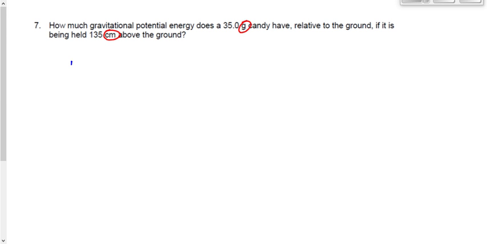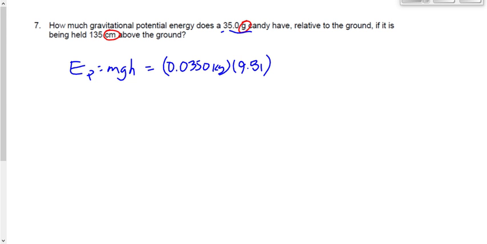I'm going to say EP is equal to mgh. There's no delta here, it's just straight EP. The mass here, got to convert that to kilograms. I'm going to say 0.0350 kilograms, or you could say 35 times 10 to the minus 3. That works as well. G is 9.81 on average on the surface of the Earth, and the height here is 1.35 meters.